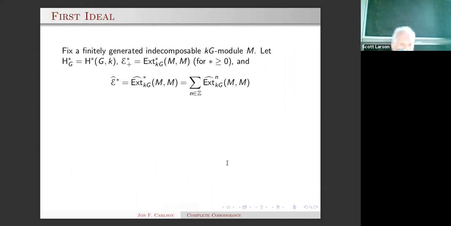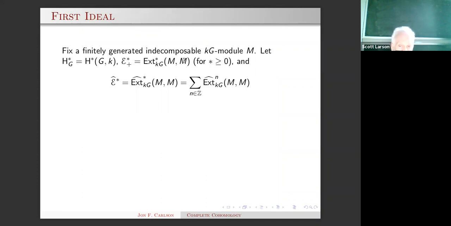Okay, so here we go. I want to define two ideals for you in this complete cohomology ring. First, let me give you some notation. The cohomology ring of the trivial coefficients, in non-negative degrees, I'm going to call H sub G star.